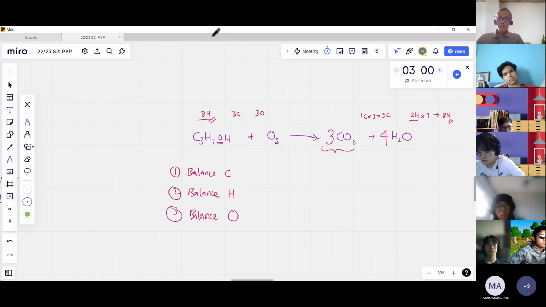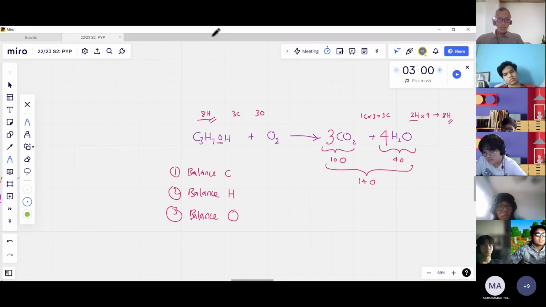Remember just now I've multiplied by 3, so it's 3 times 2, which is 6. Sorry guys, I made a mistake. And this guy, just now I've added 4 in front, so it's 4 times 1, which is 4.